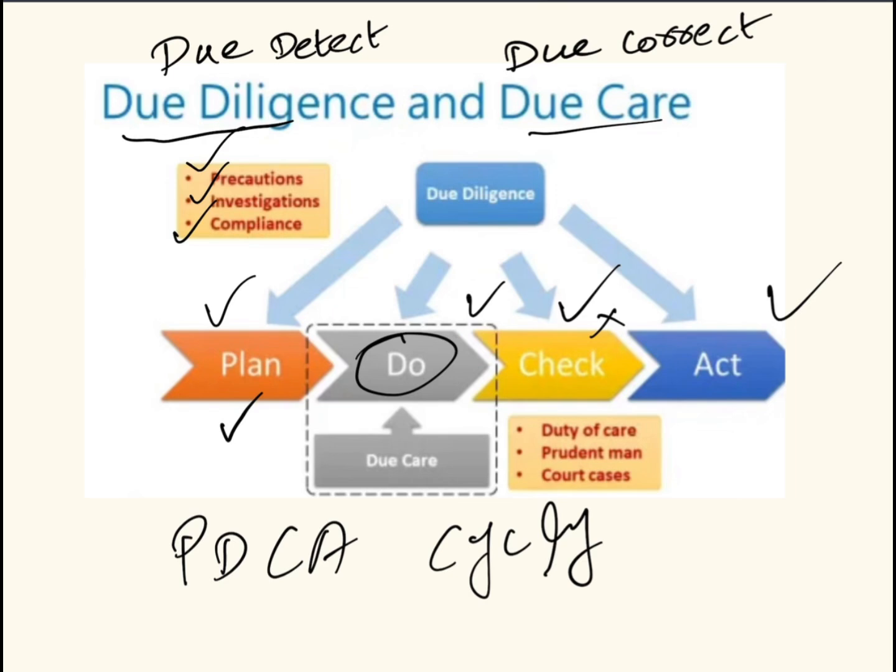For example, after identifying the need for encryption during due diligence, you encrypt sensitive data, train staff, and enforce policy. This is due care. If an organization performs due diligence but fails to apply due care, it may still be legally liable in case of an incident. Due diligence, as we discussed, is think and plan, and do and maintain is due care.